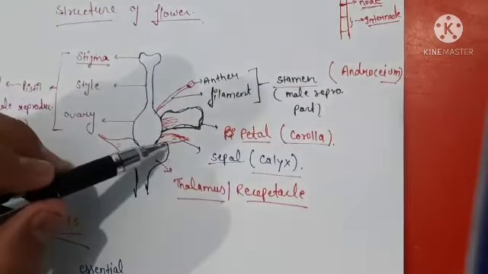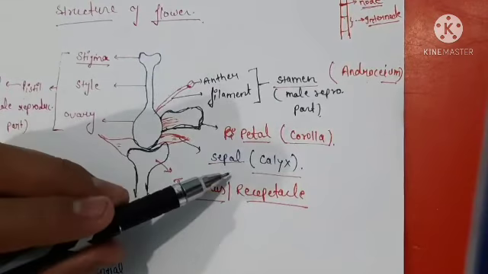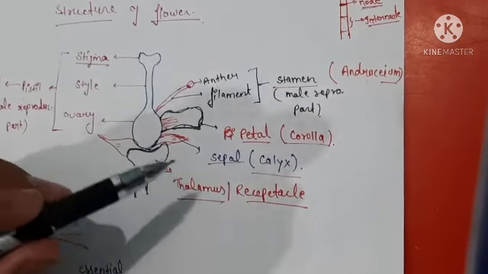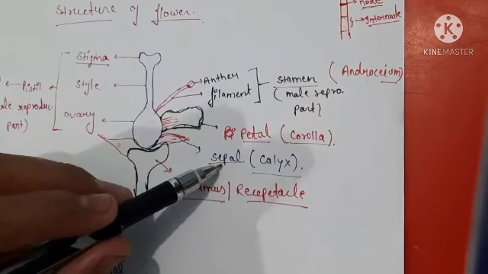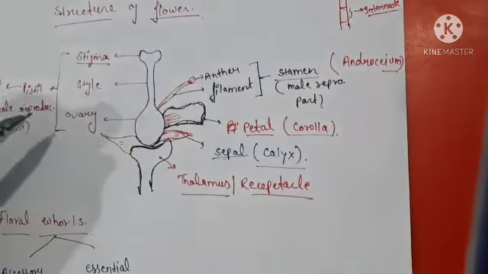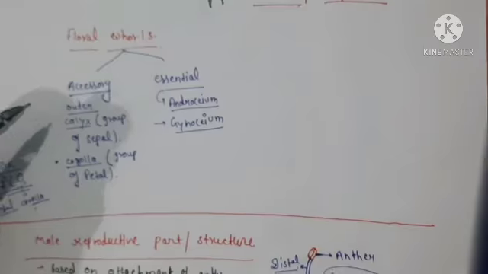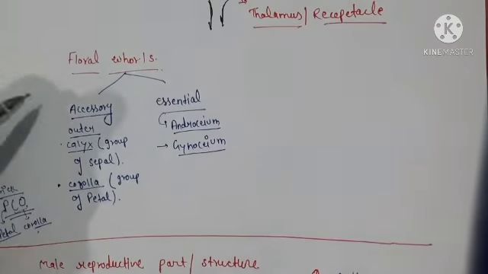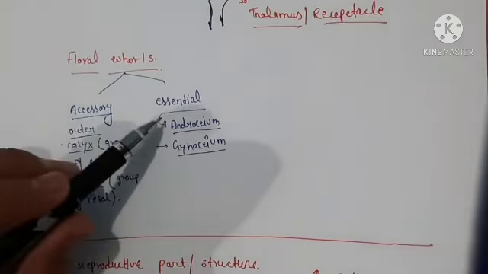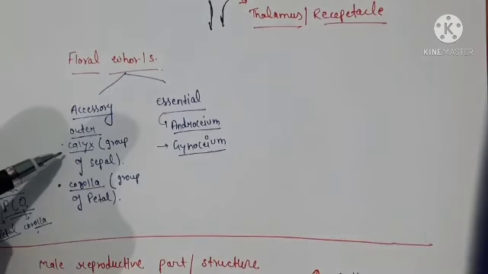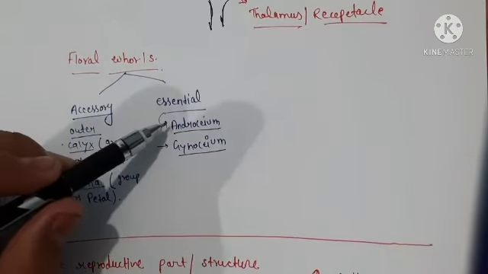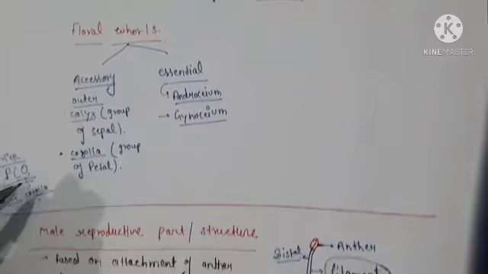Now sepal, and a group of sepals is called calyx. Here thalamus and receptacle are present. The function of sepal is to hold the petals. Now we discuss the floral whorls. There are two types, accessory whorls and essential whorls. Accessory whorls have two types, calyx and corolla, and in essential whorls there are also two, androecium and gynoecium.